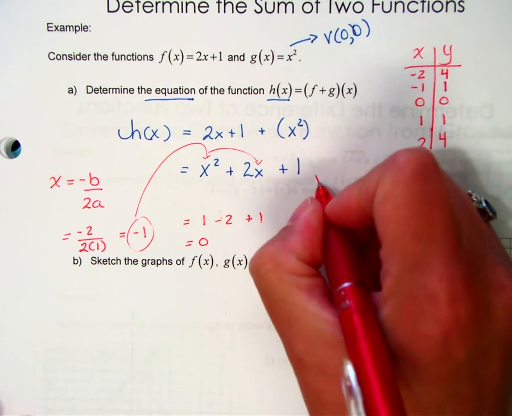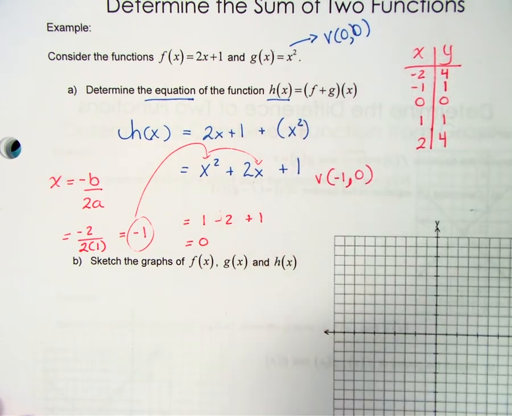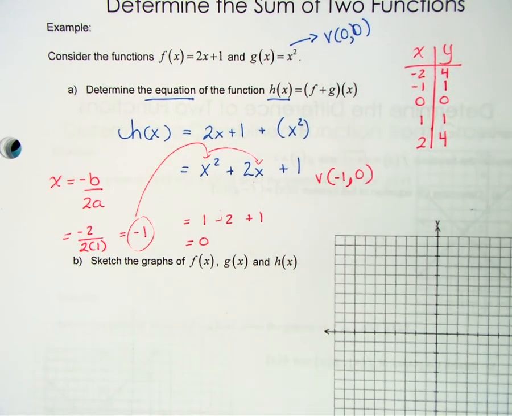So my vertex of this one... and then again, you can do a table of values once you know that vertex. Everybody comfortable with that? Beautiful.